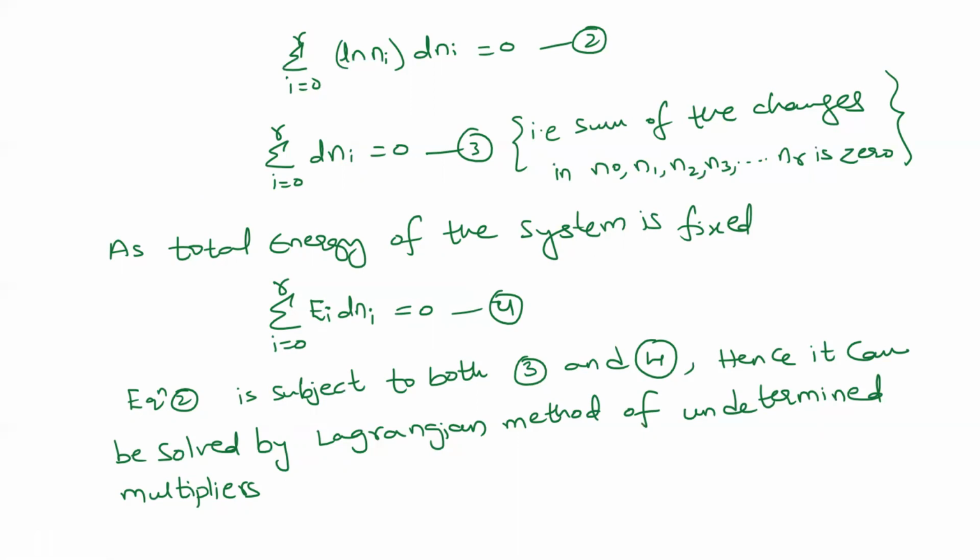If 5 particles went to a high energy state, then that must be compensated by other particles coming to a low energy state, so that the total energy change due to the change in the number of particles will be 0 here. So now we have got three conditions.